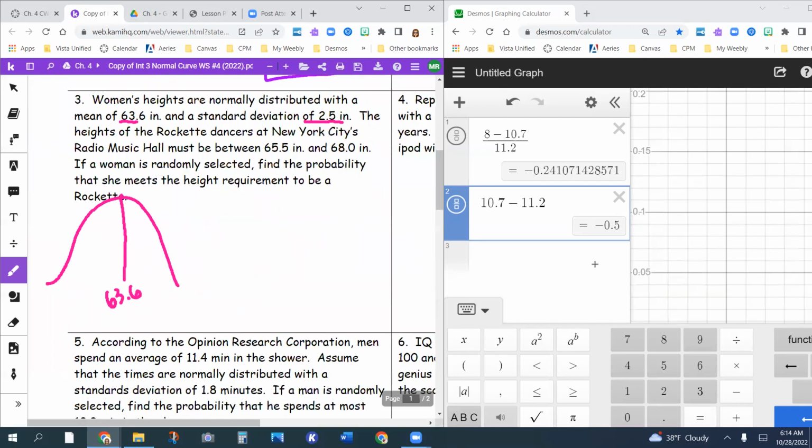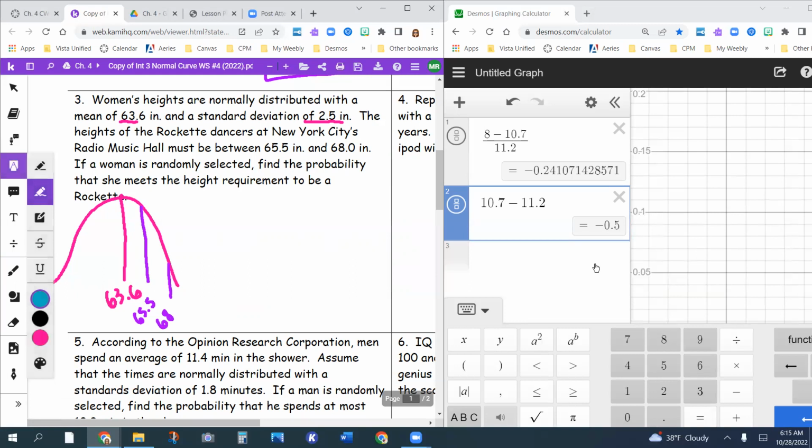The heights of the Rockette dancers at New York City's Radio City Music Hall must be between 65.5 inches and 68 inches. So we're kind of looking to see here, this is where they need to be. If a woman is randomly selected, find the probability she meets the height requirements.